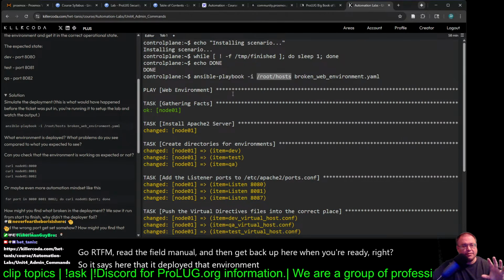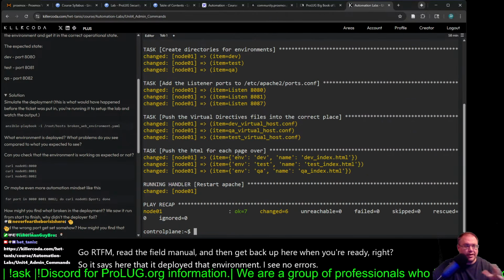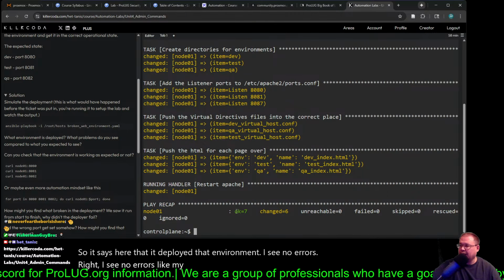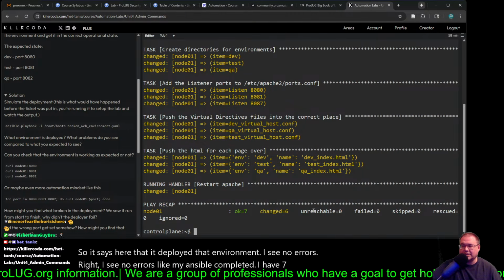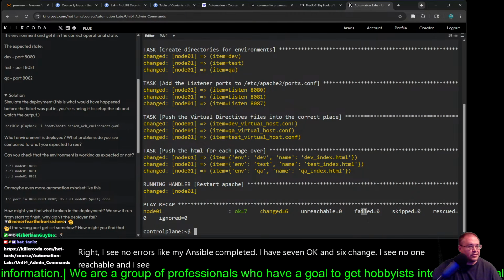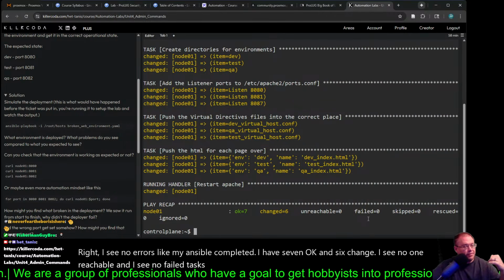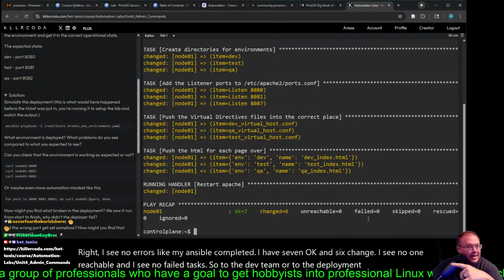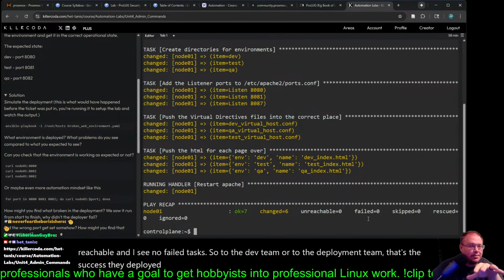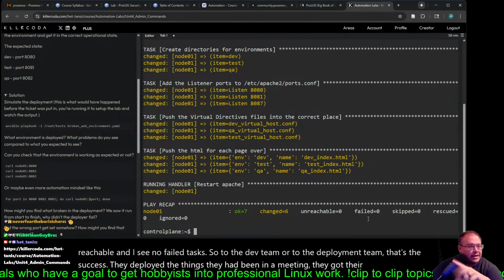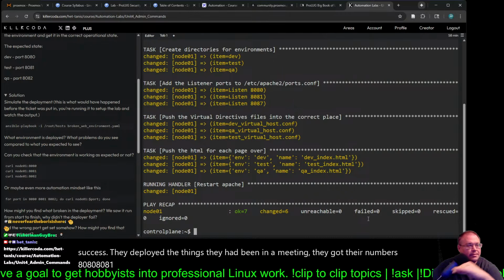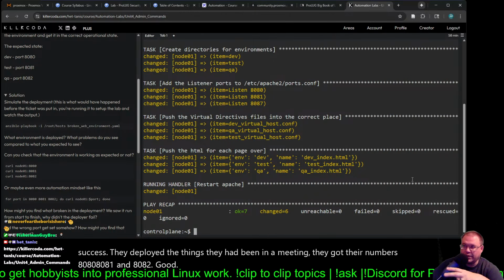I see no errors, right? My Ansible completed, I have 7 OK and 6 changed. I see no unreachable, and I see no failed tasks. So to the dev team or to the deployment team, that's a success. They deployed the things. They had been in a meeting. They got their numbers 8080, 8081, and 8082. Good. They've deployed it. It worked.